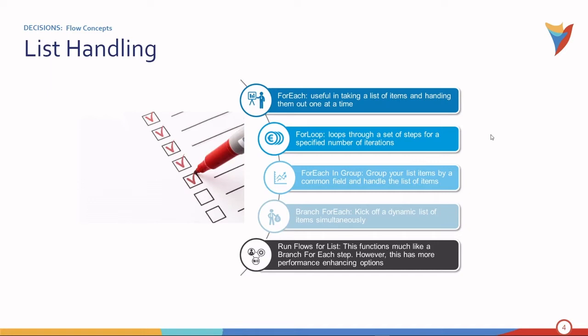You can do so, and it's going to take that list one at a time, starting at 0 and going down the list, and manipulating or interacting with the data with the flow or the process that follows the for each step.